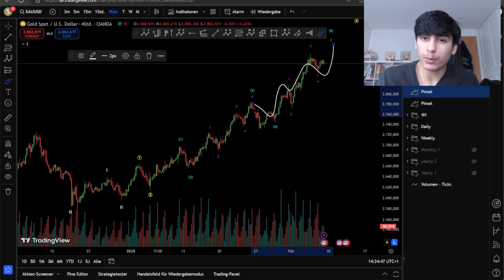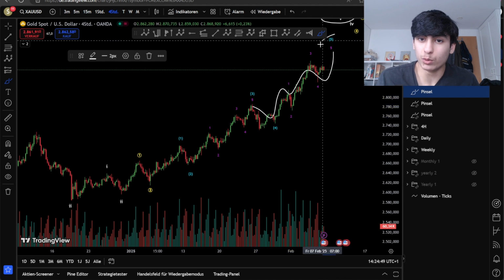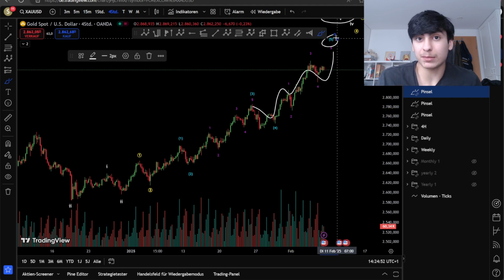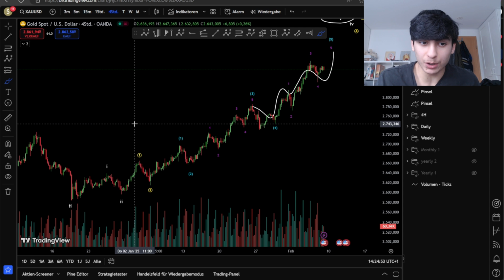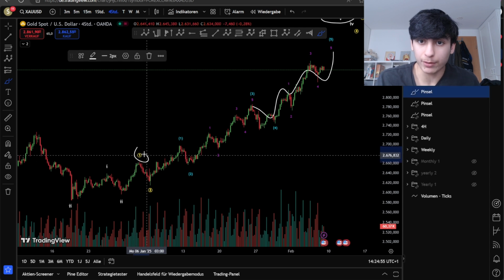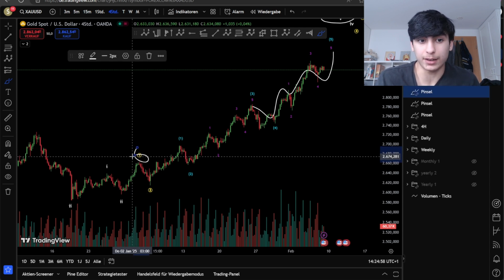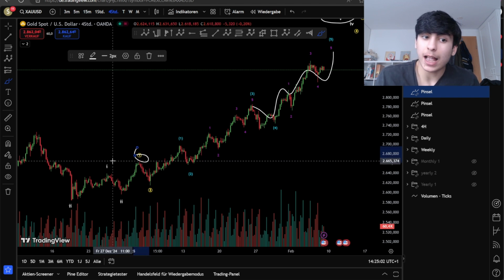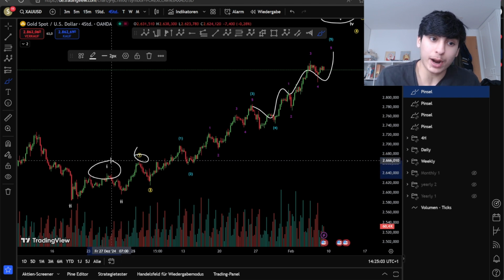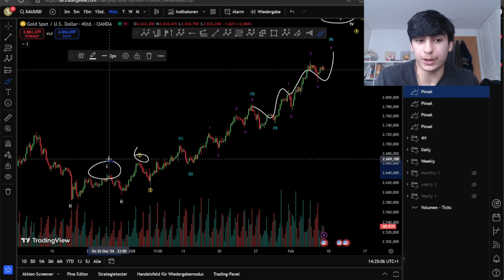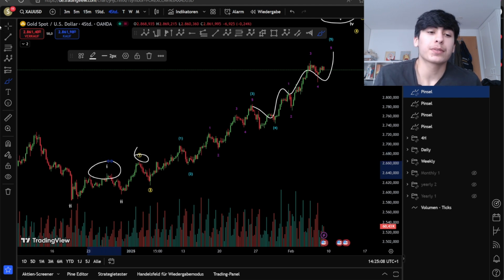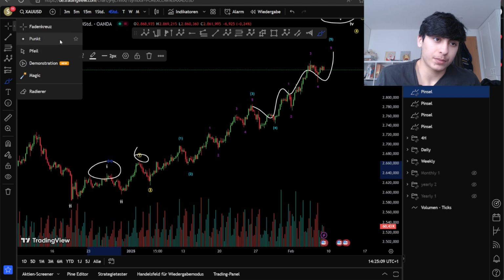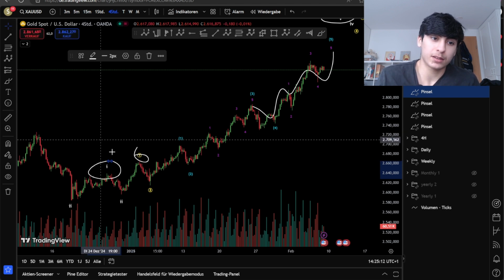So we are looking for one more push to the upside to finish the blue wave 5. But that doesn't mean we're finished, because we are still looking for the yellow wave 5 to finish somewhere in the future, after we finish the yellow wave 3, and we're looking to finish the white wave 5 after we finish the white wave 3. So in conclusion, we are simply looking for higher prices.